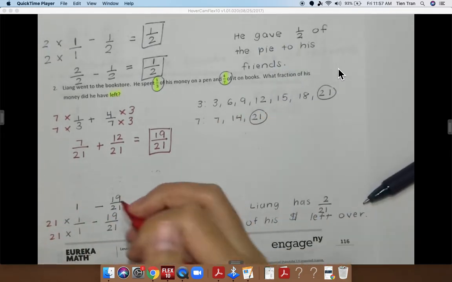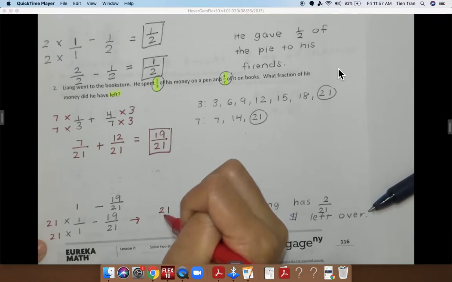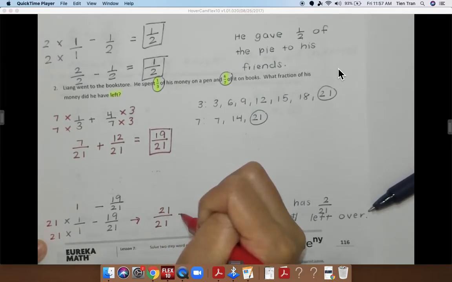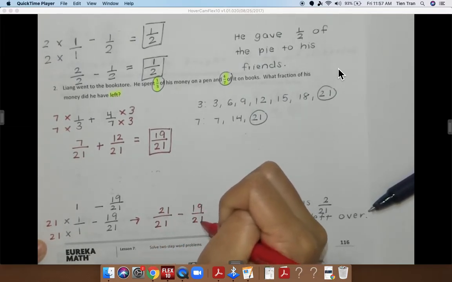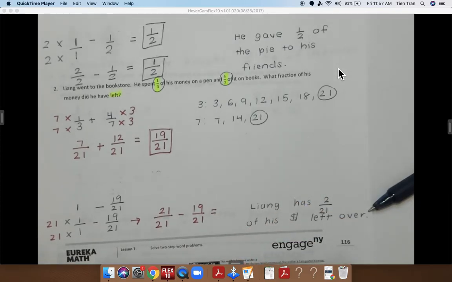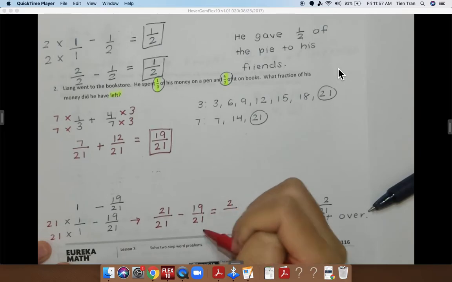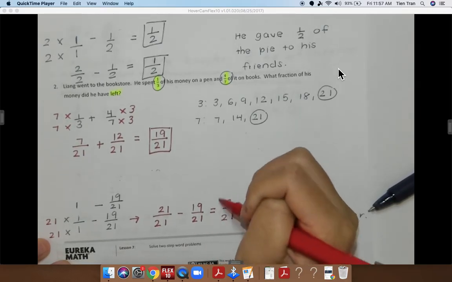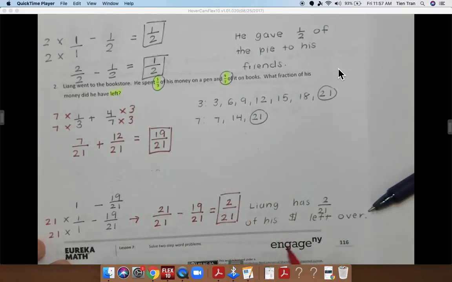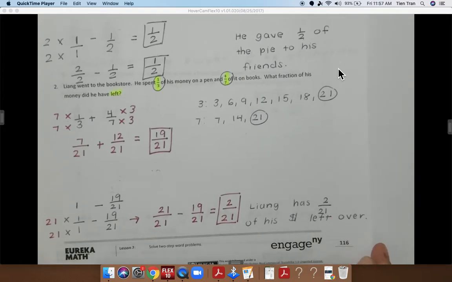So it changes to 21/21 minus 19/21. What is 21 minus 19? That gives me 2, and my denominator is going to be 21. So my final answer is Liang has 2/21 of his money left over.